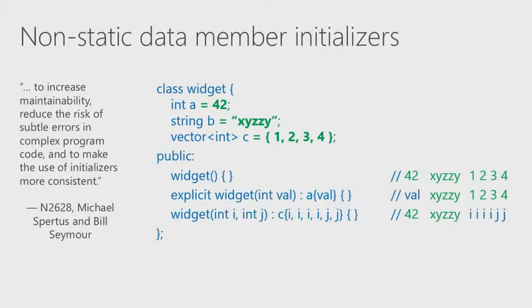The next feature that I know a lot of you have been asking about is non-static data member initializers. In particular, instead of writing the initial value of a member in a constructor mem-init list, isn't it even better if you can just put that default value right on the data member directly?